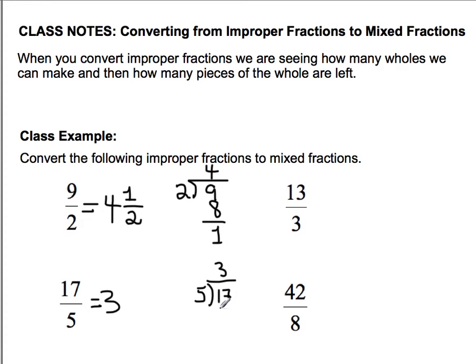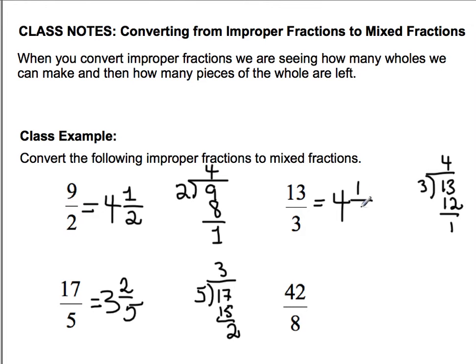When I multiply, we have 15, so 2 is what's left over, so 2/5. Same thing here, 3 into 13. It goes 4 whole times, and then we get 12. So that's our part, and we never change our denominator.